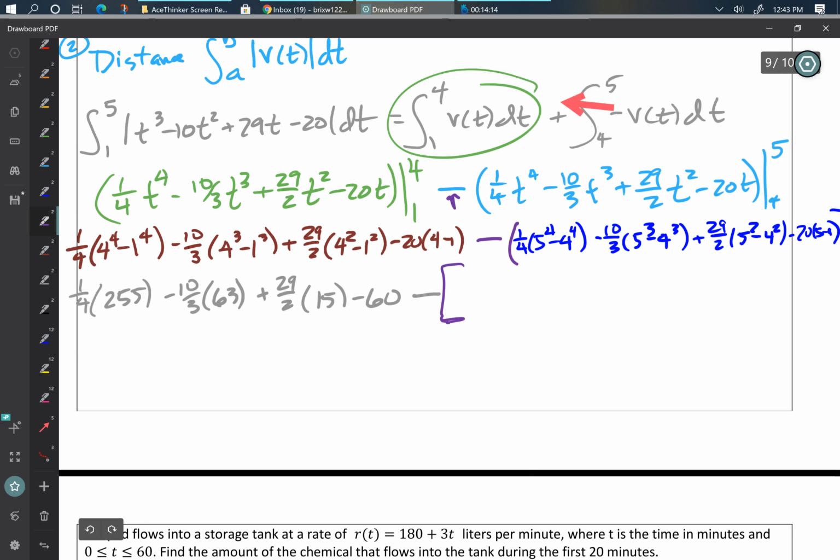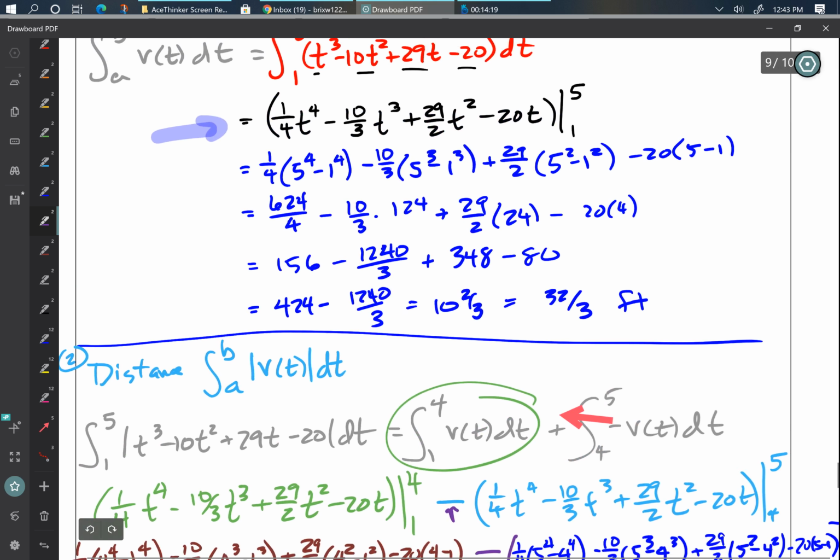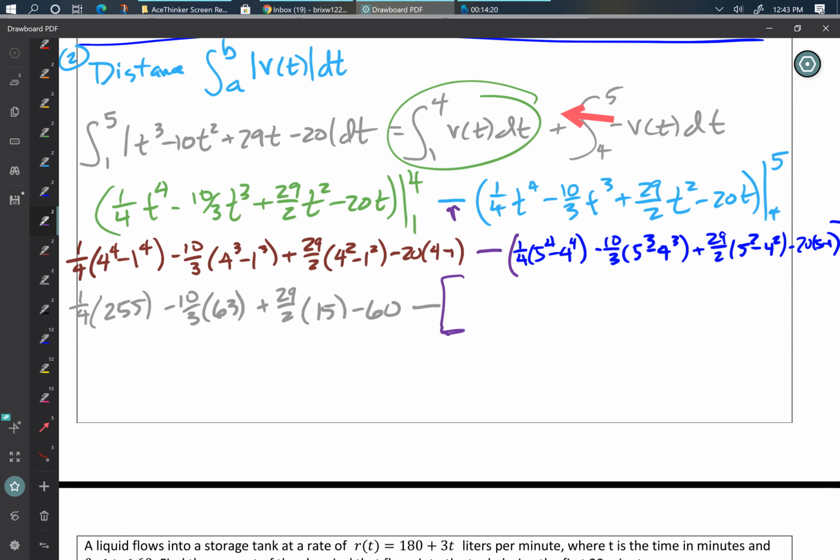All right, so 5 to the 4th minus 4 to the 4th. Let's see, 5 to the 4th, I just did that up here. That was 625. And so I have 625 minus, oops, minus 256 over 4 minus 10/3 times 125 minus 64.